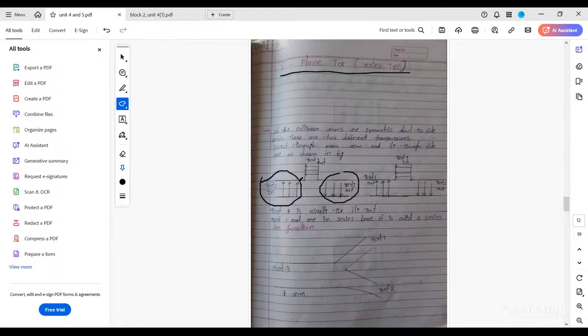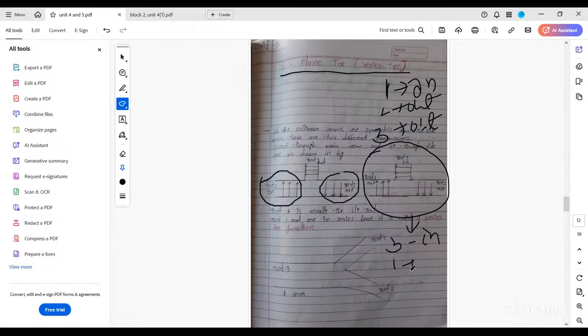So, out of 3 ports, port 1 is input, port 2 is output, port 3 is also output. Suppose I am taking input across port 3, the second figure. In the second figure, port 3 is input port, port 1 is output port, and port 2 is also output port.